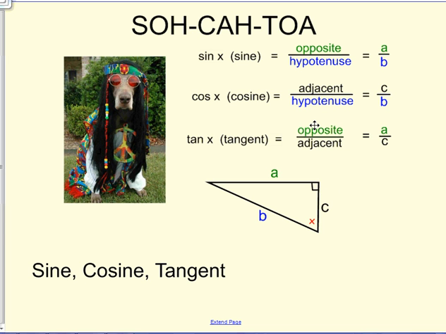In my triangle down here, looking at my x angle, the sine would be opposite over hypotenuse, so A over B. My cosine would be adjacent over hypotenuse, so C over B. And my tangent would be opposite over adjacent, so A over C. SOHCAHTOA. Commit it to memory. It will come up again, especially in high school trigonometry.